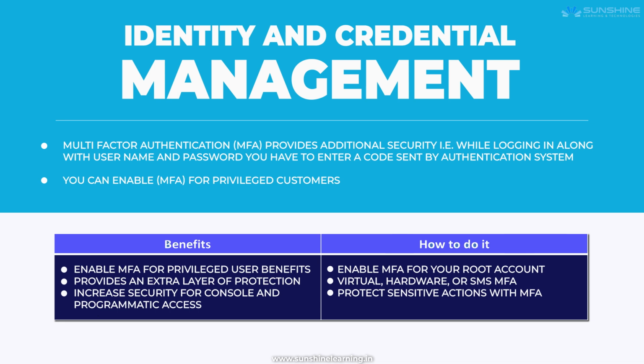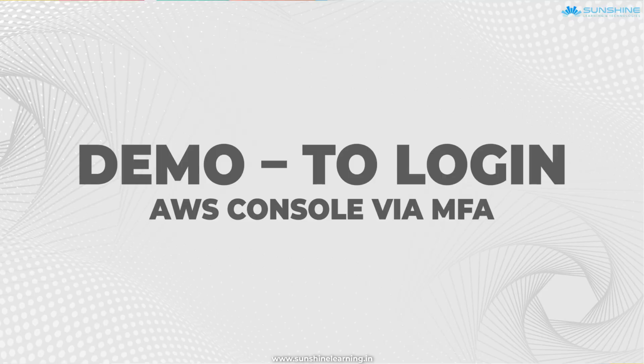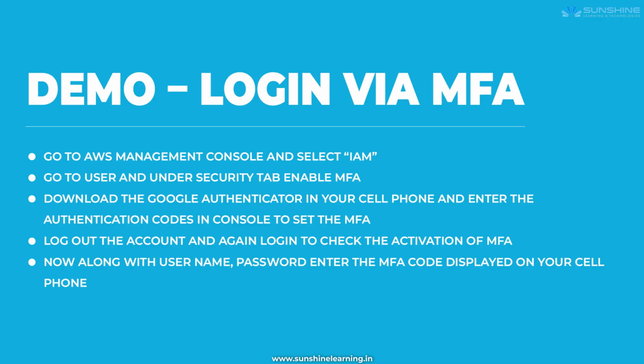You just have to enable MFA for your root account. You can use a virtual MFA application, or a hardware or SMS MFA, and that will protect sensitive actions with MFA. We'll see how we can implement MFA. In this demo, I'll also show you how we can log in on the AWS console with the help of multi-factor authentication credentials. These are the steps that you need to follow.